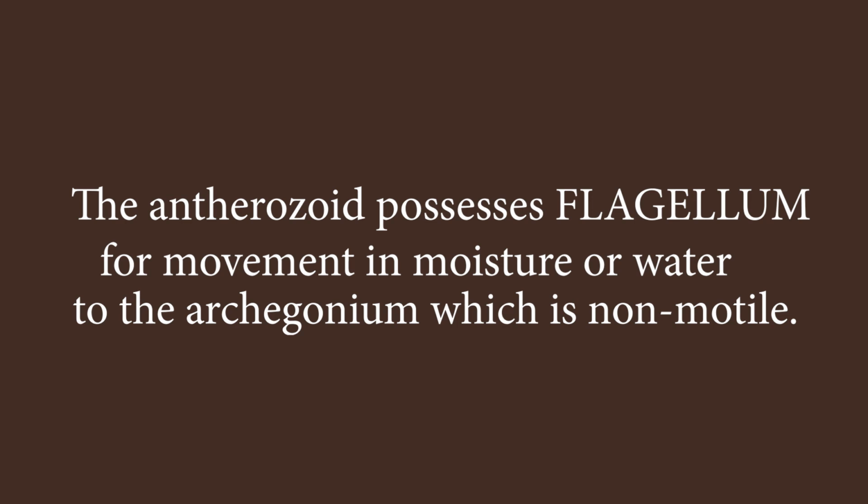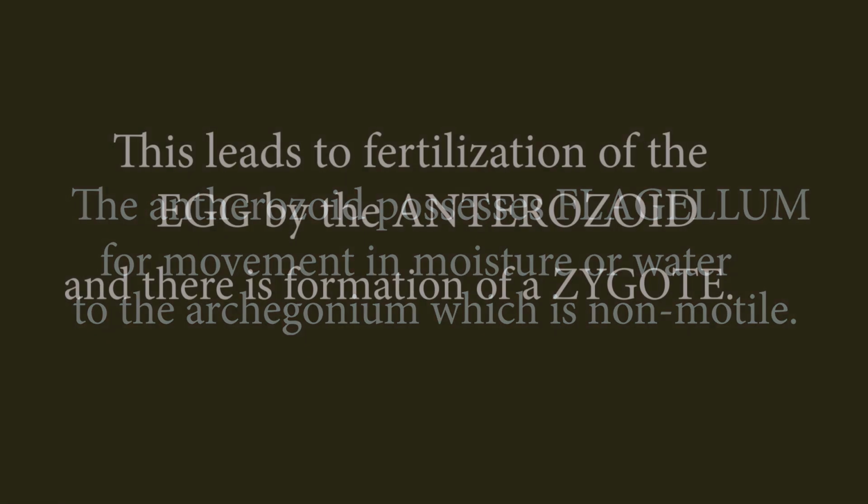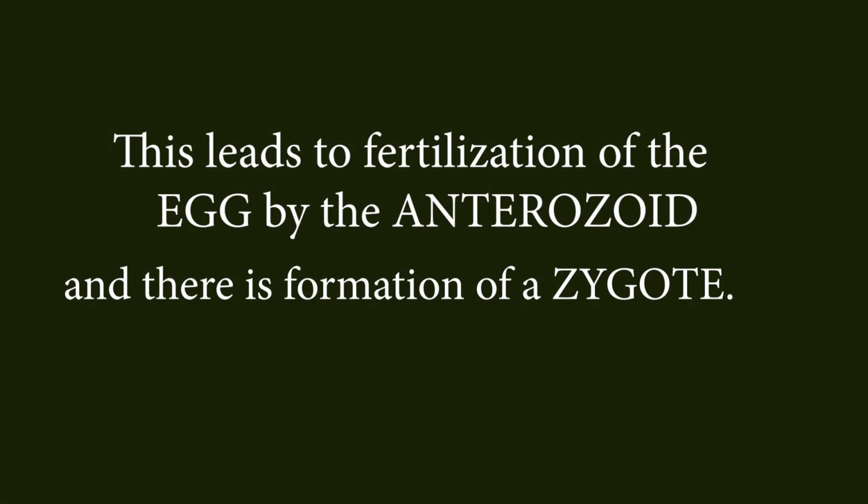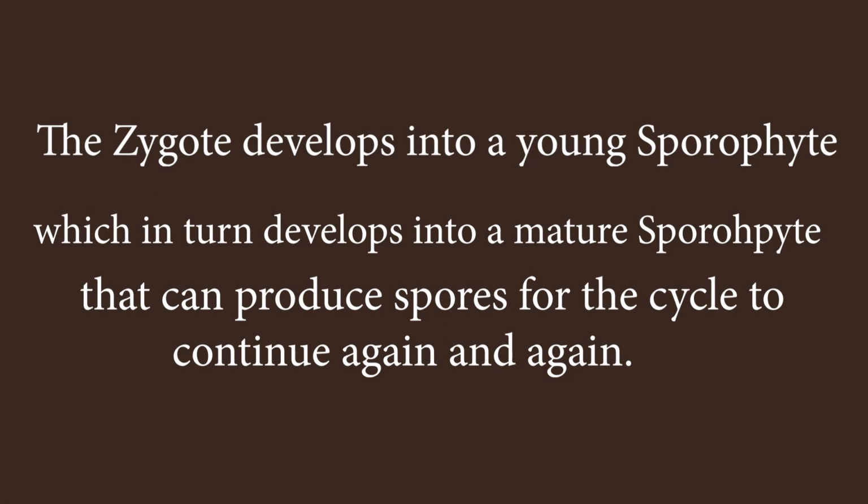They need water or moisture to swim into the archegonium to fertilize the egg. After the egg is fertilized, a zygote results, which proceeds to develop into a young sporophyte, and the young sporophyte develops into a mature sporophyte capable of producing spores for the next generation.